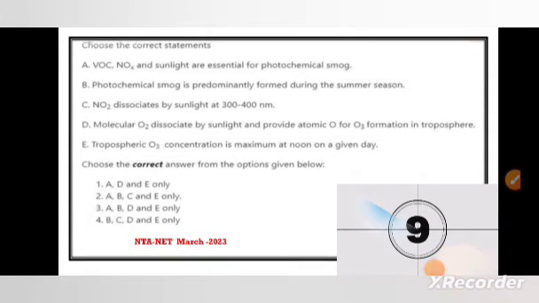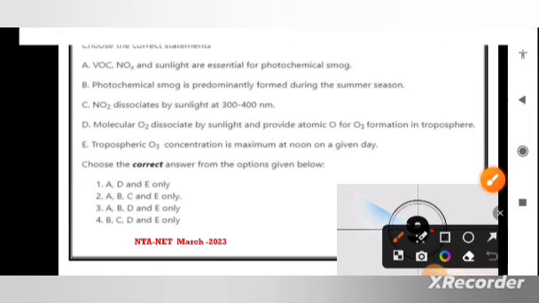In the next question, we have to choose the correct statement. Statement A is volatile organic compounds, oxides of nitrogen and sunlight are essential for photochemical smog. Statement B is photochemical smog is predominantly formed during the summer season.